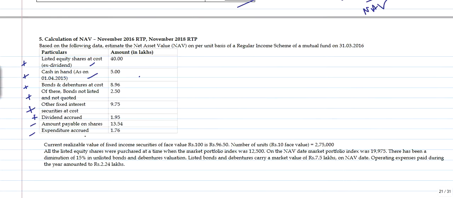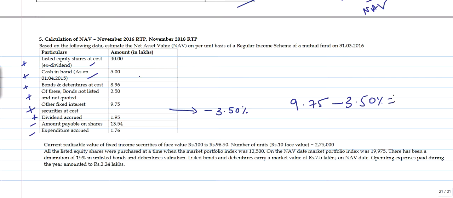Current realizable value of fixed income securities of face value 100 is 96.50. Here, fixed interest securities, so here we have to deduct 3.5 percentage. I'm taking a percentage because it is given on 100. That will come to 9.75 lakhs minus 3.5 percentage.